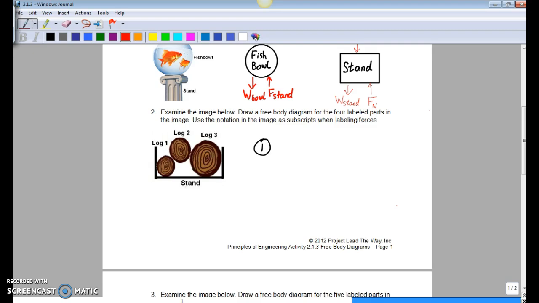In terms of log number 1, we have the stand putting a force from the left, keeping it from rolling towards the left. We're going to call that force of stand.